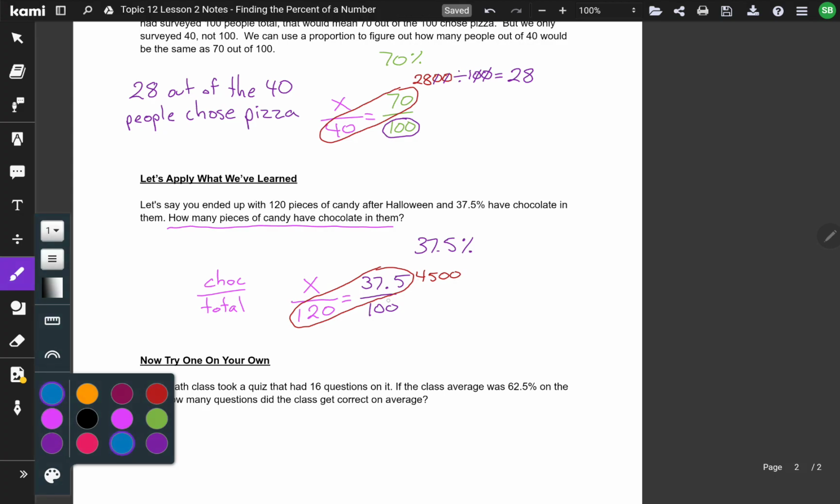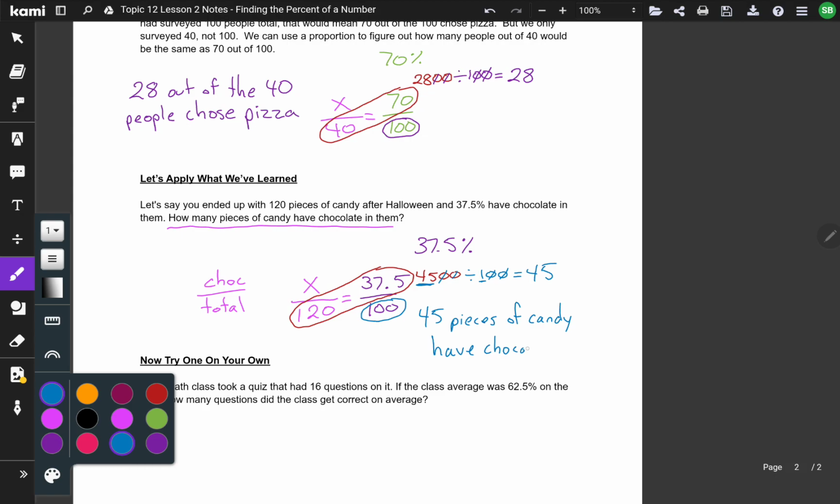Then I divide by that 100. Again, feel free to use your calculator or your hundreds trick, cross out your zeros, and that leaves you with 45, because I'm doing 45 divided by 1, which is 45. So 45 pieces of candy have chocolate.